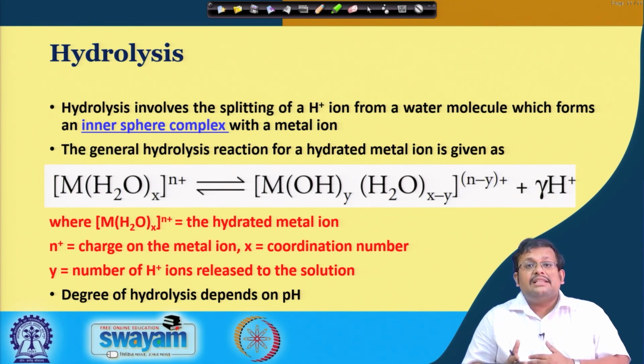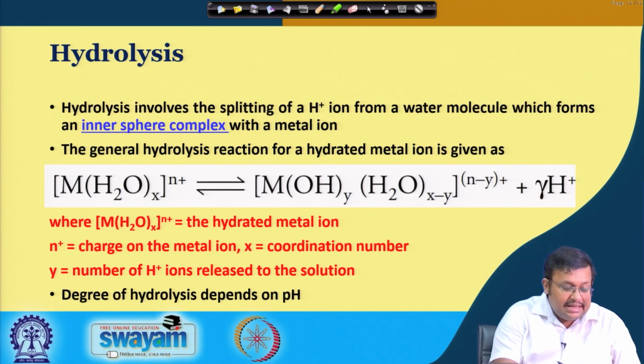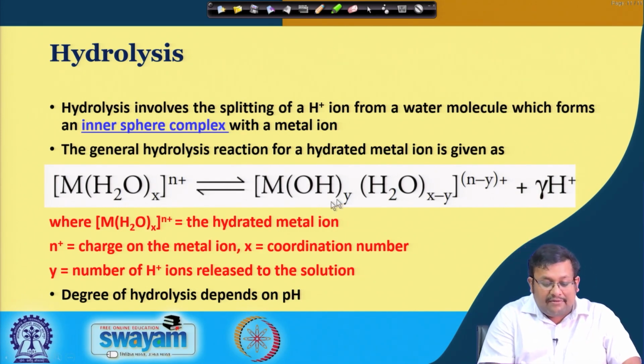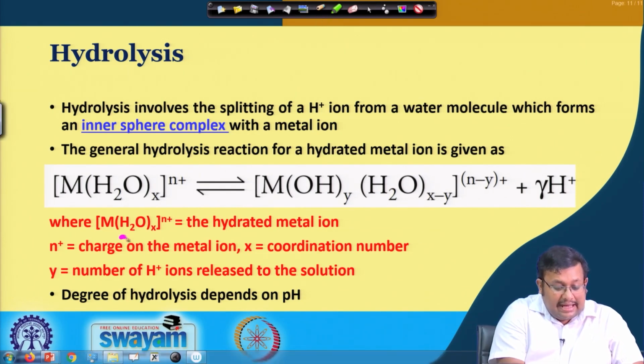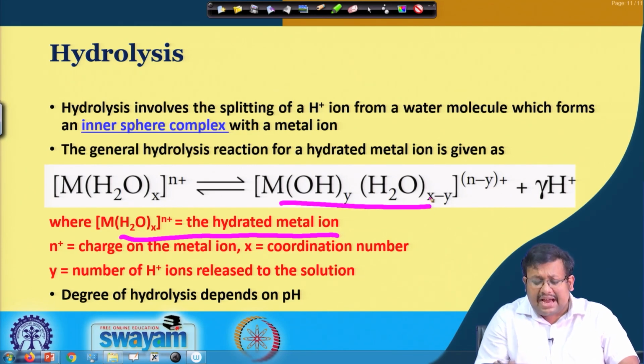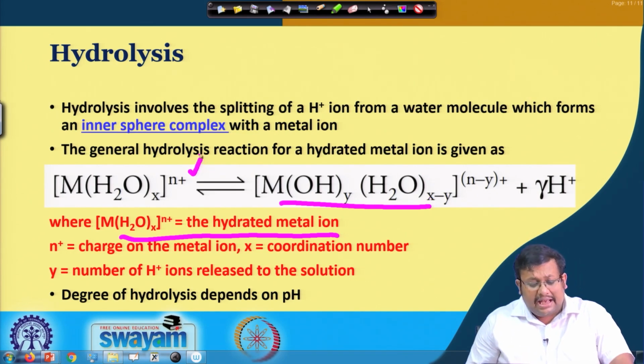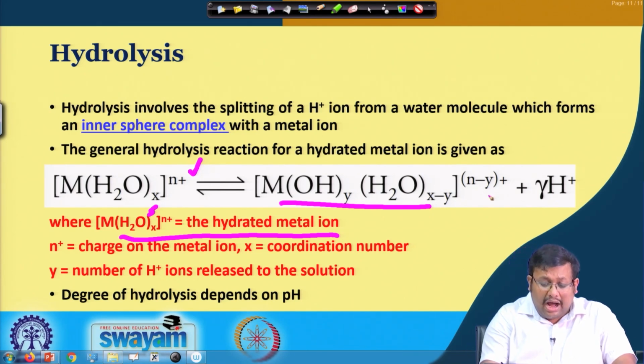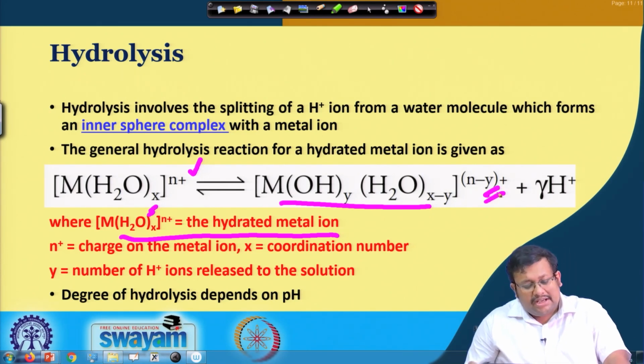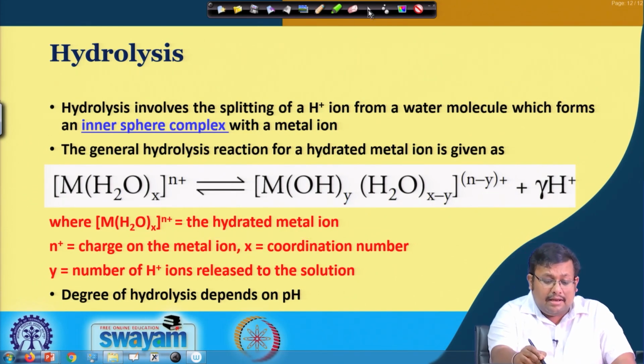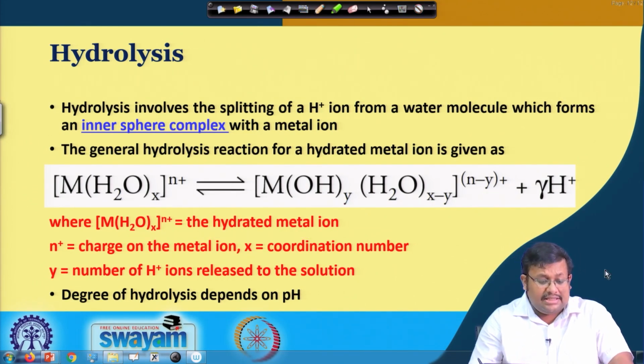The general hydrolysis reaction from a hydrated metal ion is given as M(H2O)x n+, from which we get these two species, where this is the hydrated metal ion, n is the charge on the metal ion, x is the coordination number, and y is the number of protons released into the solution. This is the intensity factor.